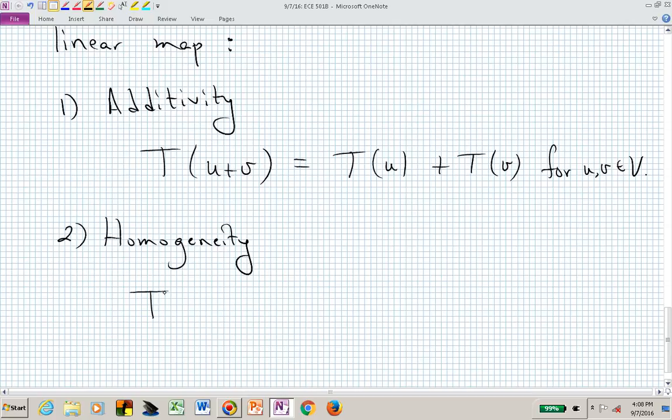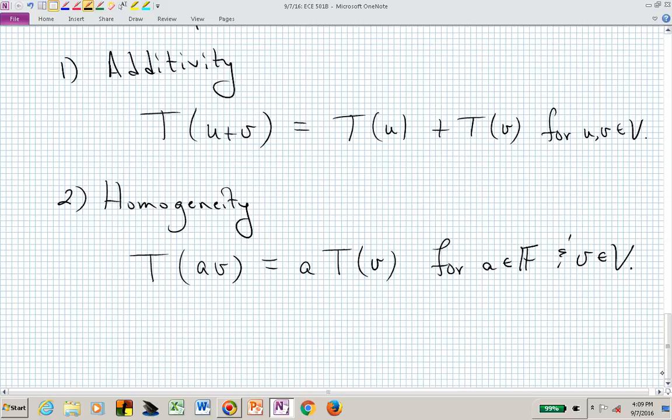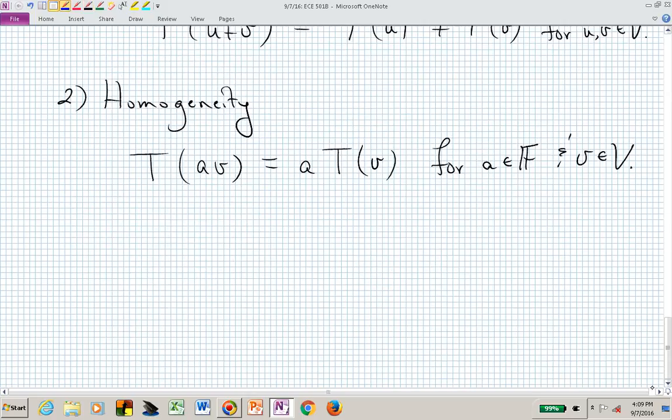And homogeneity now says that if you take a linear map T and apply it to a scaled vector from your input vector space, then that needs to be the same as scaling the linear map operating on the original vector V. And that's for all of our scalars, A, in our two different fields in this class, the real field or the field of complex numbers, and any vector in our vector space V. With those two properties, that gives us a linear map.